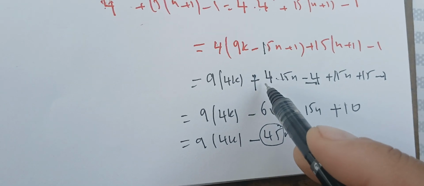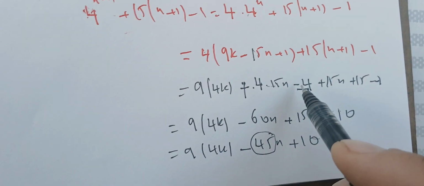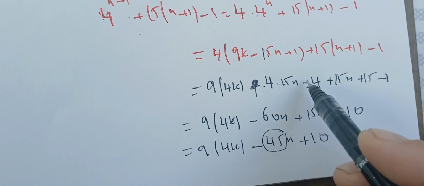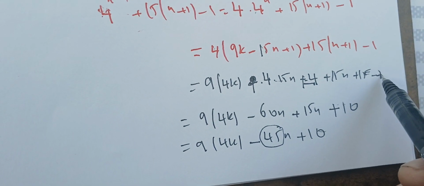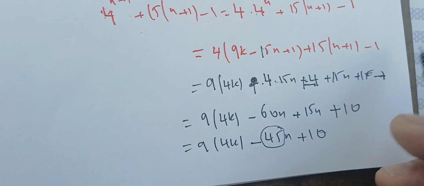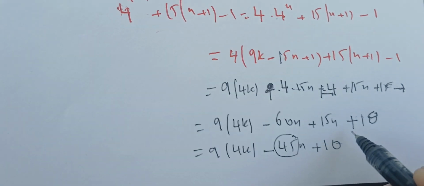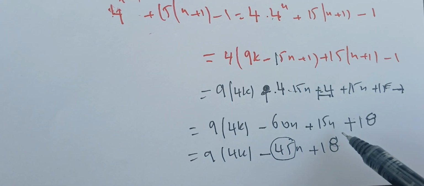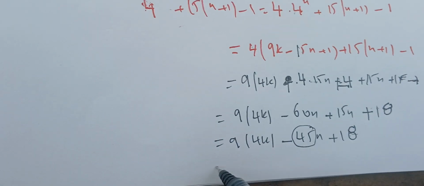So this is the mistake that I made. It's minus 4, but this is plus 4 here. So plus 4 plus 15 minus 1. That means 18 here. So this is the error. If you can see that, I made a mistake. Now I can write 9 here.